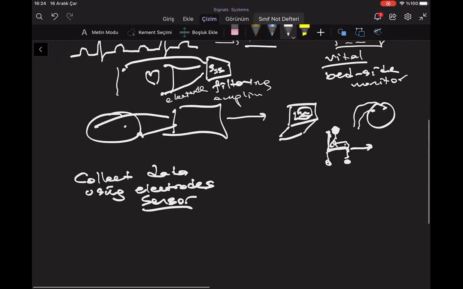So it is like the guy becomes X, right? X. What does it mean, X? I don't know. I don't like this. X oldu. The patient became X. Evet. So I have this data right now, right?